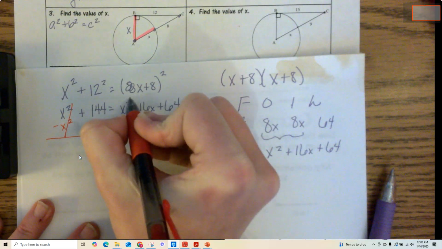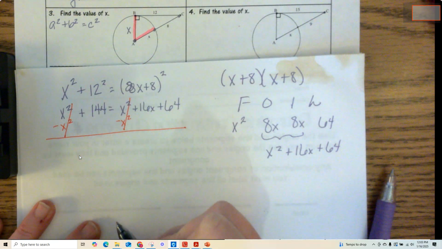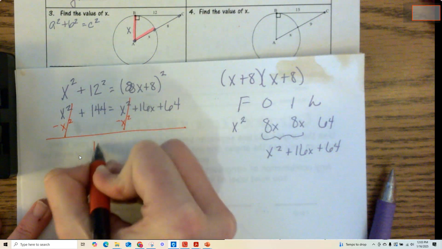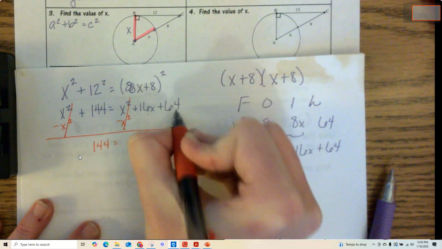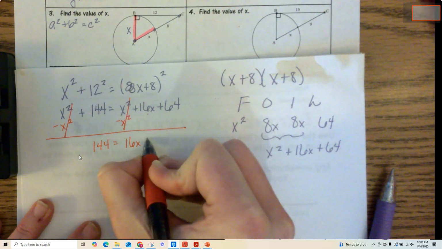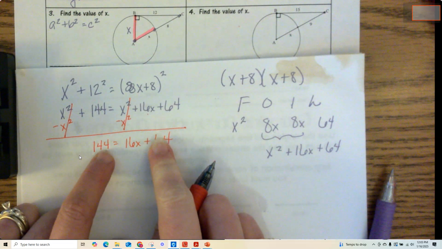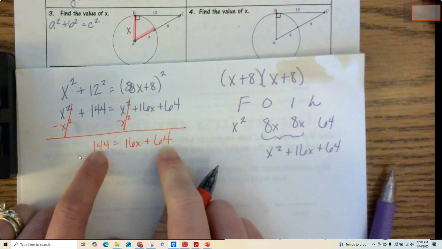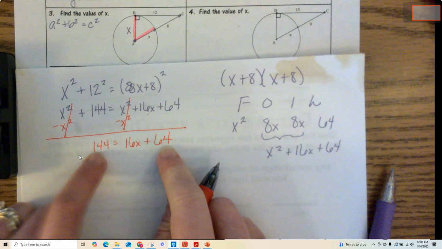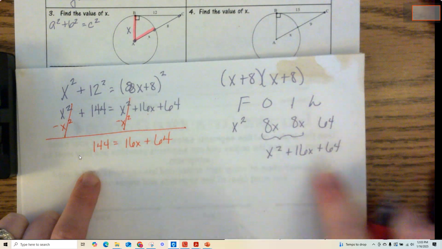X squared minus x squared cancels. Didn't touch 144. Didn't touch 16x and 64. I got numbers on either side. So again, now we're to a 2-step equation. This can be Menu 3.1.